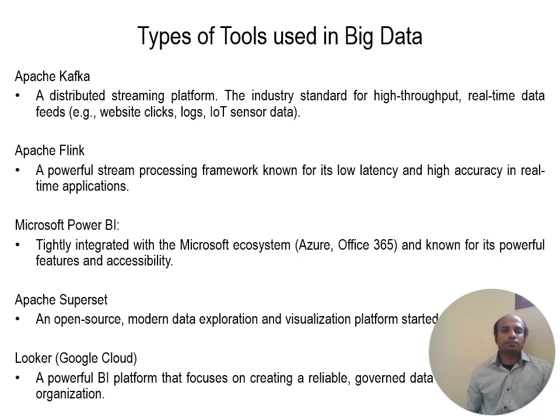So for the other types of tools, we'll just try to see some brief detailing. Apache Kafka, a distributed streaming platform, is the industry standard for high throughput, real-time data feeds, for example, website clicks, logs, and IoT sensor data.